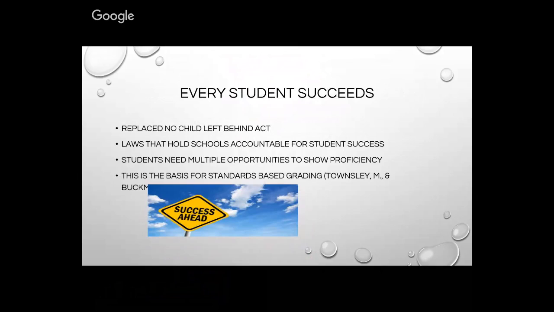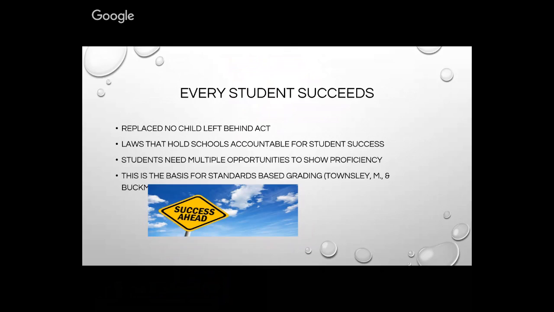Every Student Succeeds has replaced the No Child Left Behind Act. This means that there are laws now that hold schools accountable for student success. So students are going to need multiple opportunities to show proficiency.